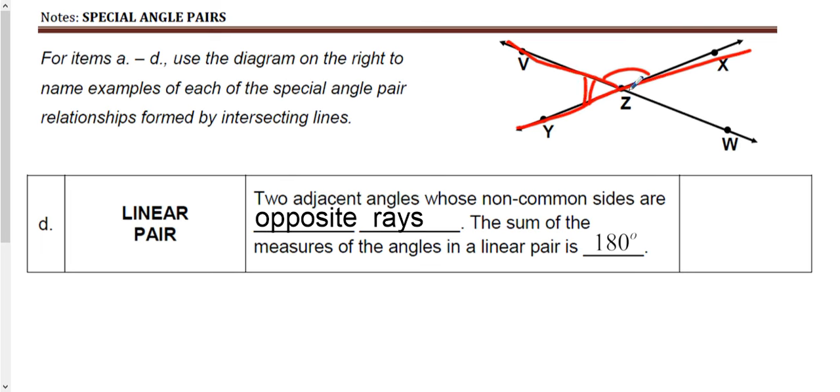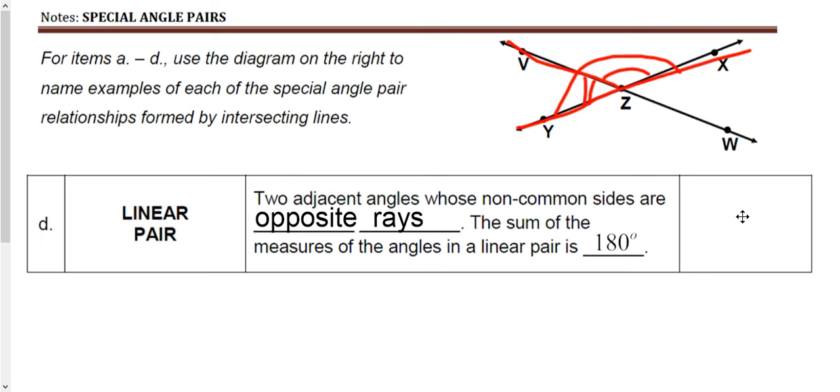And their non-common rays form a straight line. But it's basically a line cut into two angles. And of course, you can see that these have to add up to 180 degrees. There's that straight angle. They combine together to make this straight angle, 180 degrees right there. That's why a linear pair always adds up to 180.